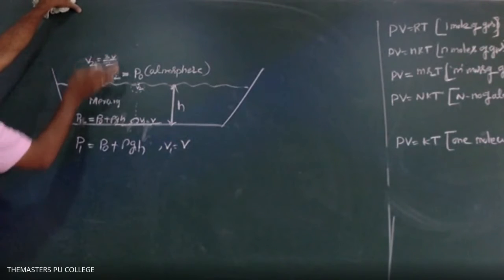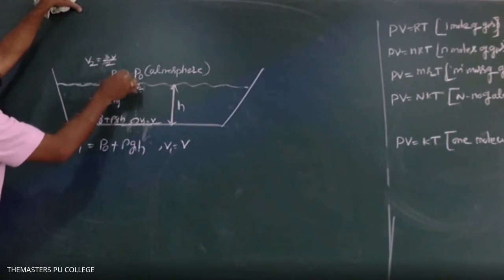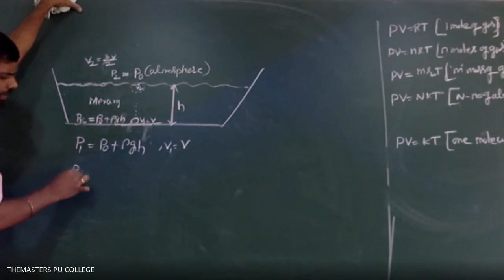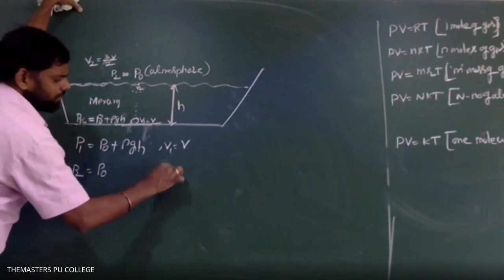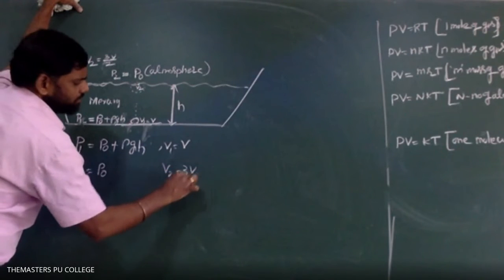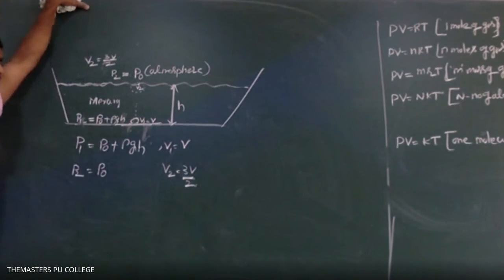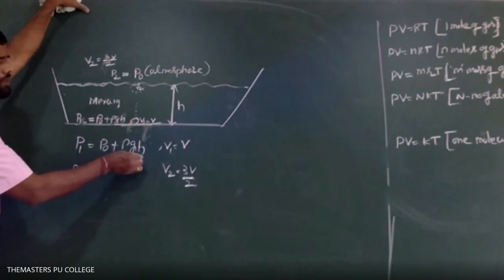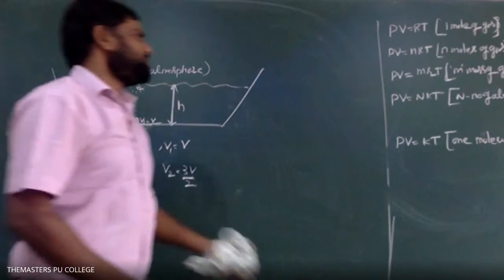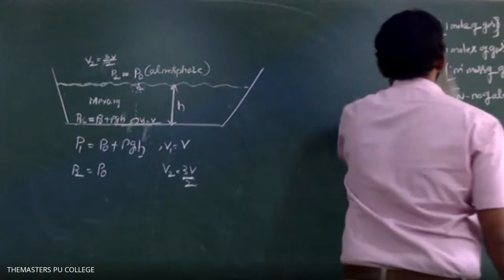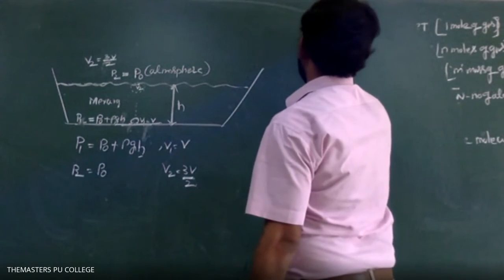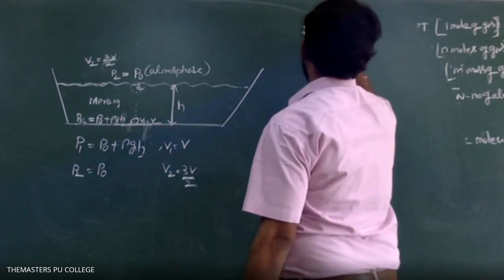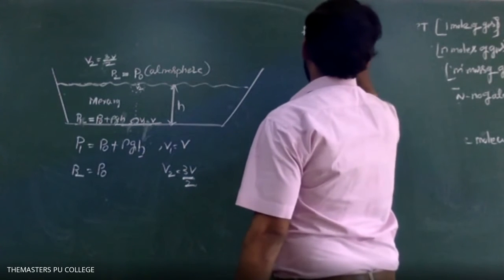When it comes to the top, the pressure becomes atmospheric, so P2 is equal to P0, and V2 is equal to 3V by 2. They are asking what is the value of h. The temperature is constant throughout this process, so using the ideal gas equation, P1 V1 by T1 is equal to P2 V2 by T2.